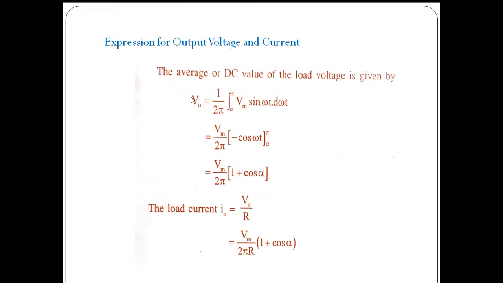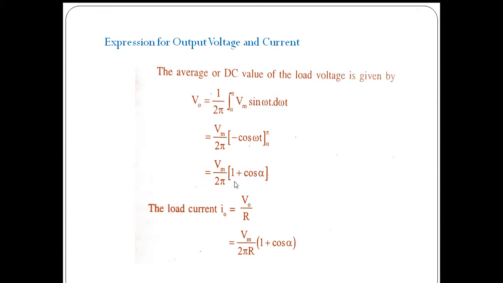So V naught will be equal to 1 by 2 pi integration from alpha to pi of Vm sin omega t d omega t, since we are integrating with respect to time. Here Vm is constant, so bringing it outside, we get Vm by 2 pi. The integration of sin is minus cos omega t, with limits alpha to pi.